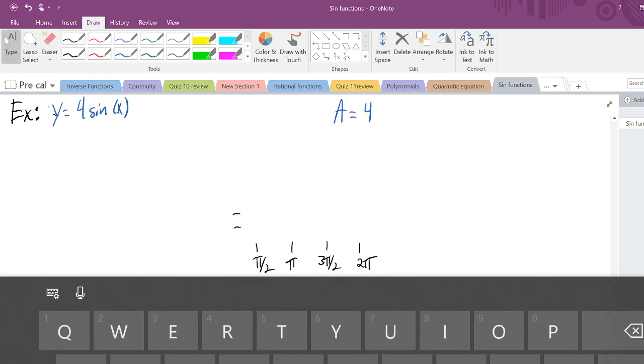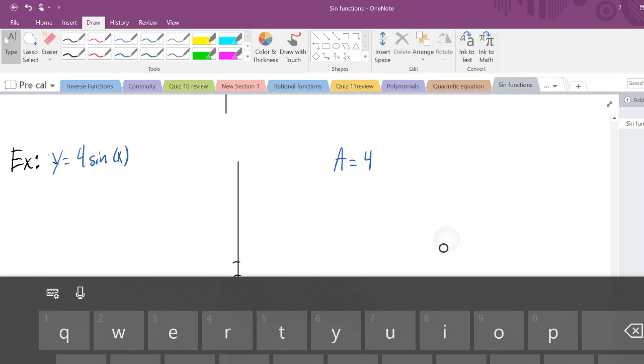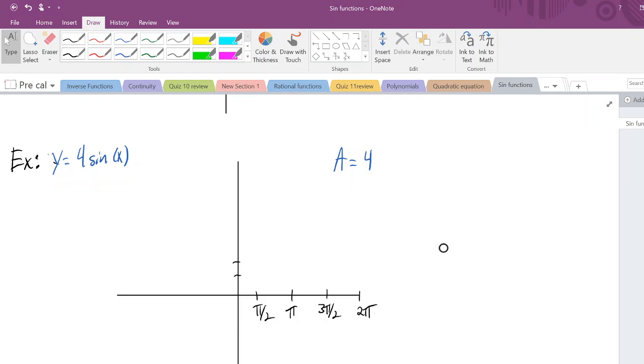I'm going to start off at 0. But I know my amplitude is 4, so that means the highest it's going to go is 4. 1, 2, 3, 4. So I look at my pi over 2, and I'm going to put that point at 4.